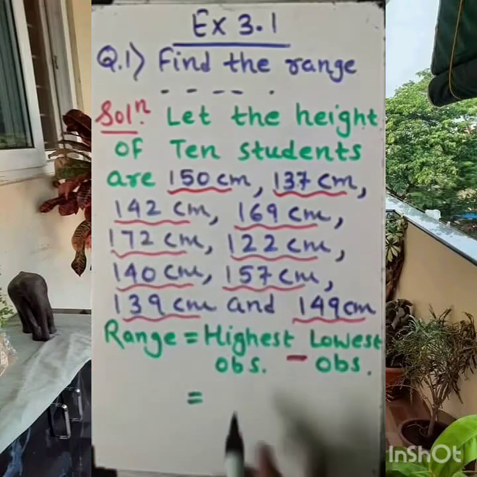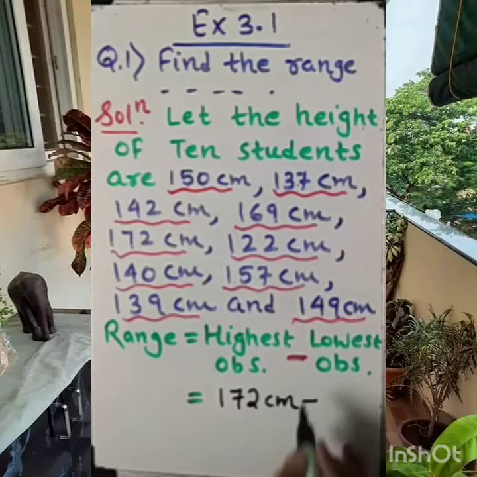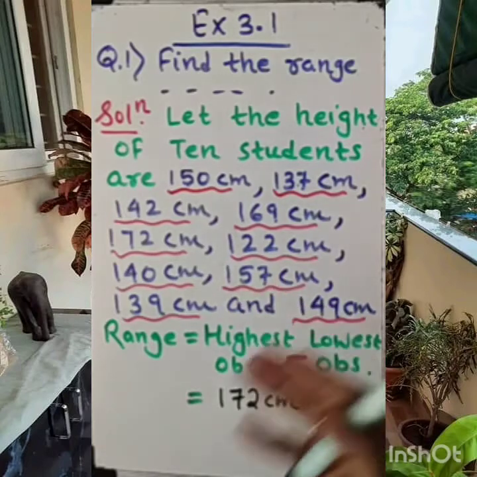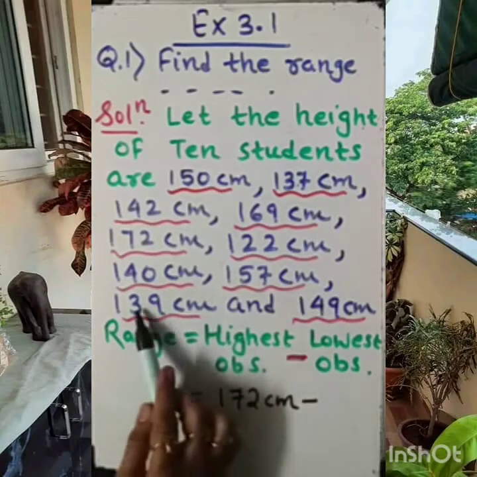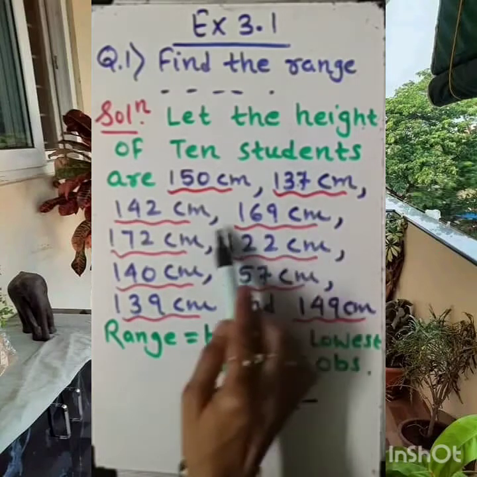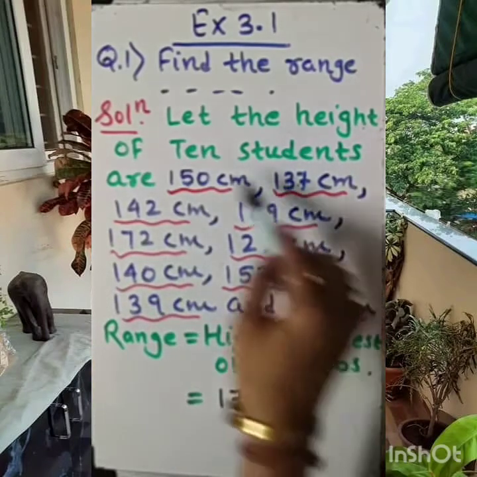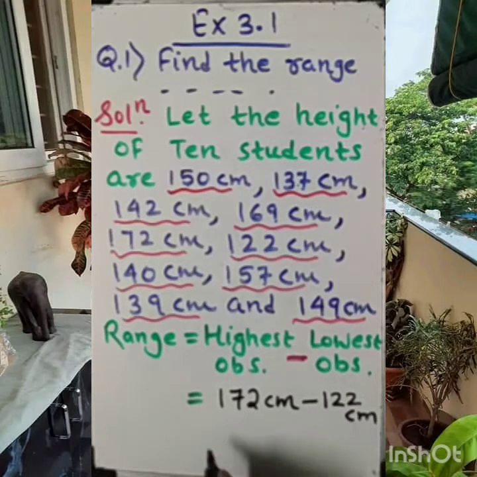Agree? So I need to mention here 172 centimeter minus lowest observation. Lowest indicates the least one. Out of all these observations, I can see clearly 122 is the least observation among all these. So I need to write here 122 centimeter.